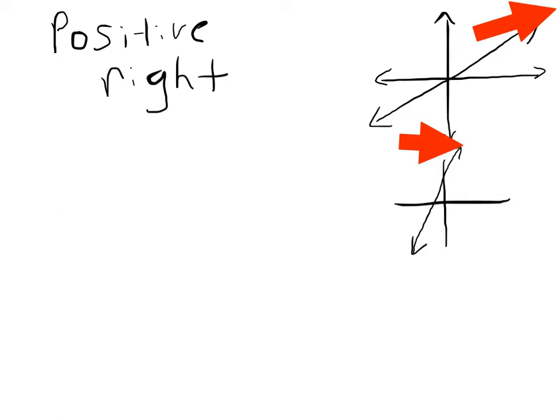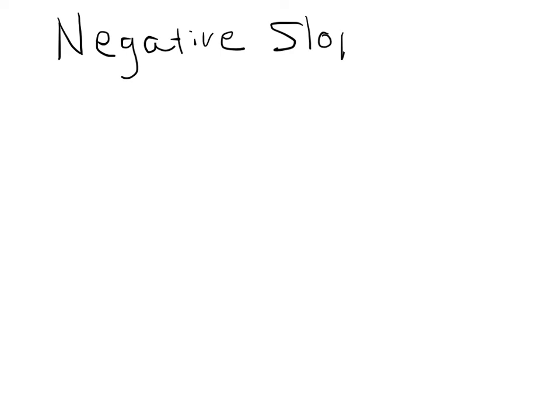Now, let's go to a negative slope. Again, in the picture section of your notes, I'm just going to draw a quick coordinate plane or Cartesian plane. And here's my first line.